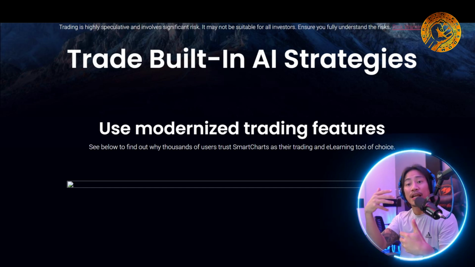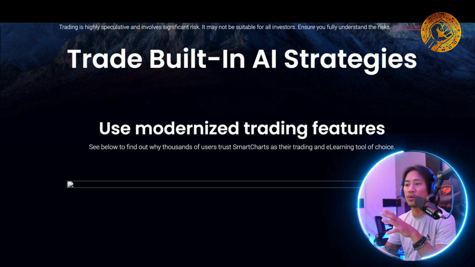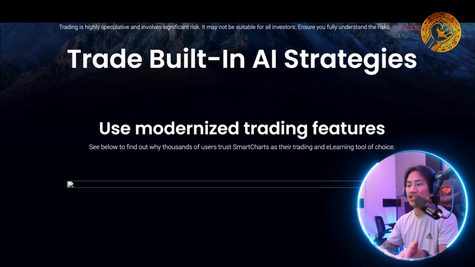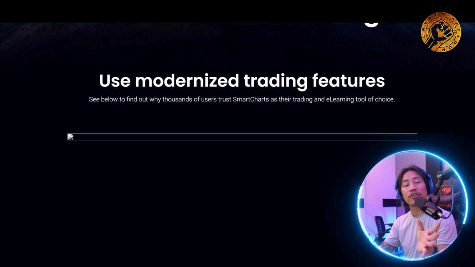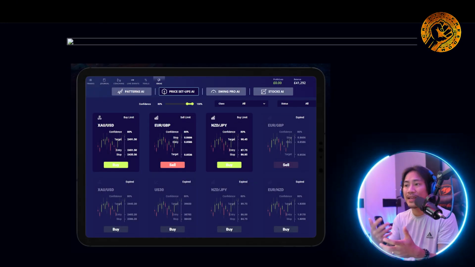SmartCharts' intuitive design makes it simple to overlay multiple indicators, customize the settings, and identify actionable insights directly from the price chart. For fundamental analysis, guys, SmartCharts provides an integrated news feed and an economic calendar.